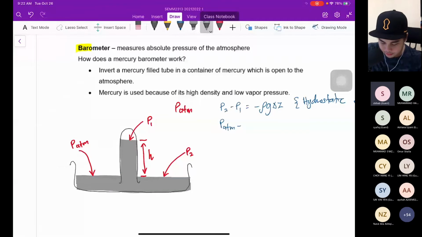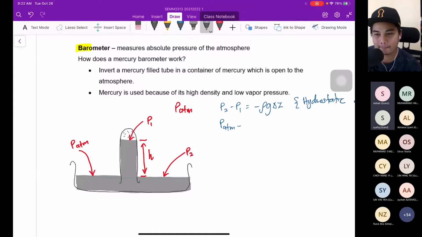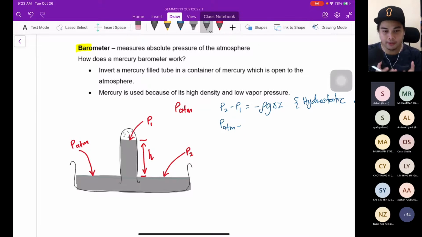This is mercury. Do you think the mercury will evaporate? No. Why not? Because it has a high melting point. Basically, the nature of mercury is that it is hard to evaporate because of the strong bond between the mercury molecules. Even if you heat the mercury, it does not evaporate.